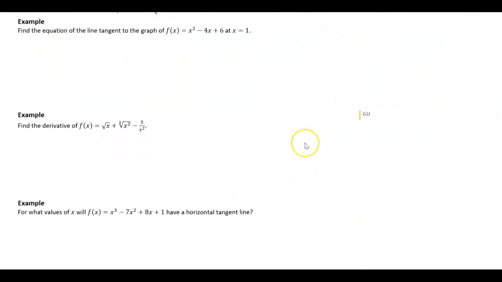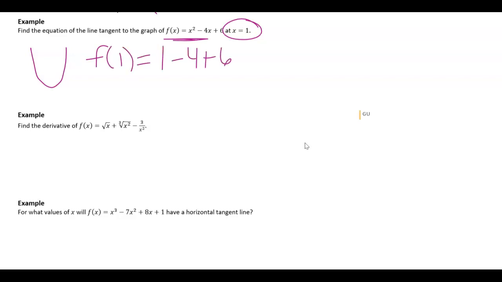Let's find the equation of the tangent line to this quadratic at x equals 1. So it's a quadratic that opens up, and I want to figure out the equation of a line tangent to this graph at x equals 1. I could do some things to find the vertex, so on and so forth, things from college algebra, if I wanted to know more about this graph, but I'm just going to go ahead and plug in.